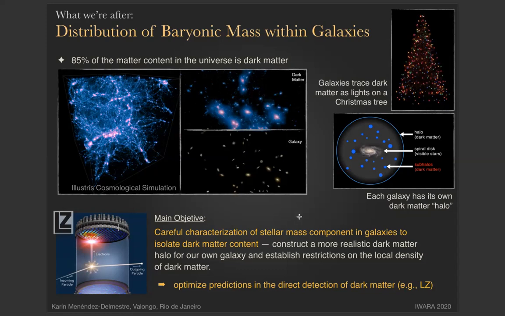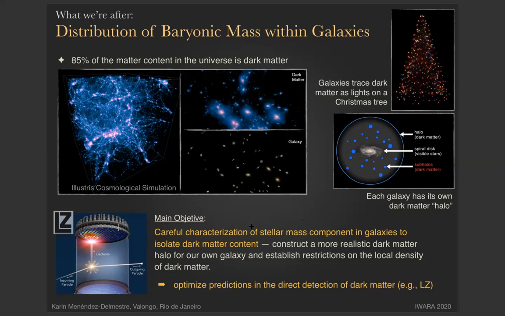So the ultimate objective here, to make a connection literally to Earth, is to do a careful characterization of how the stellar mass is distributed in galaxies so that we can isolate and disentangle the distribution of dark matter from total matter. In this manner, we can construct a more realistic profile of the distribution of dark matter and get a sense also of what the local density of dark matter is.